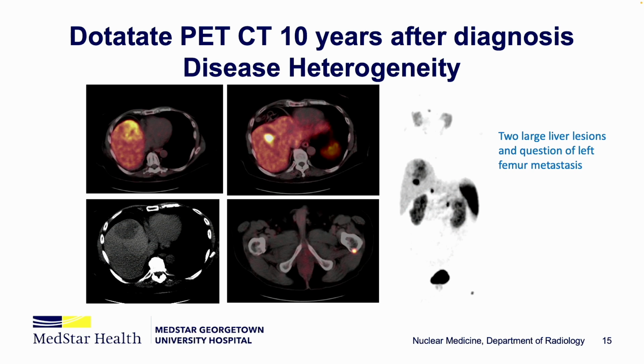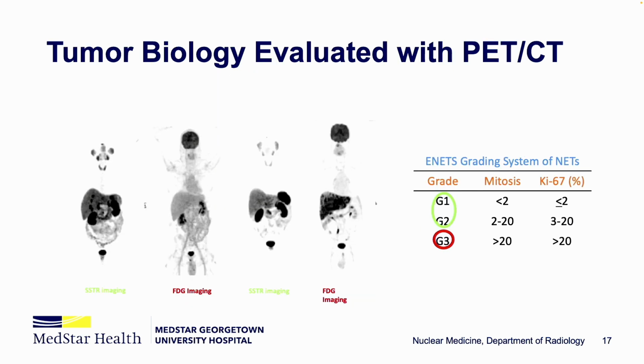But what is important in this patient also is that there is this lesion in the femur, and that can be very, very important to plan the treatment for the patient, with liver-directed or even liver surgery versus some more systemic treatment. Again, the use of PET in these cases helps us be more accurate to stage the disease. All right, so that was just an overview of goals of PET.